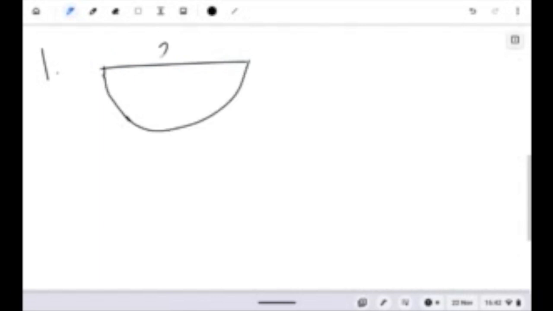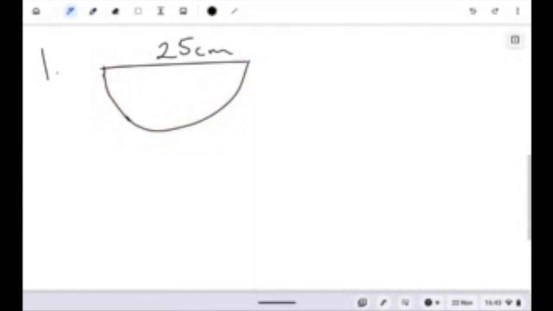I want to find, with a diameter of 25 centimeters, my arc length, the length here. Now, what type of circle does this look like? Well, this to me looks like a semicircle. It looks like half a circle. So what portion do you think of the circumference does this arc make up? Well, it actually makes up half of it.